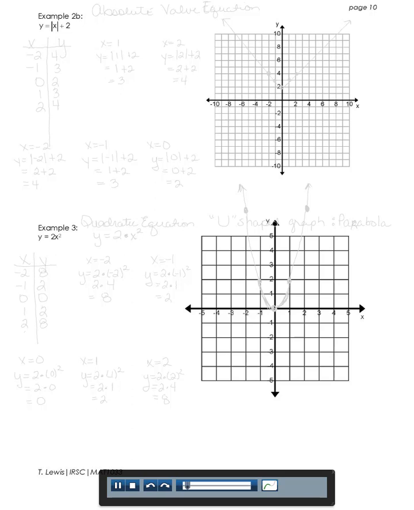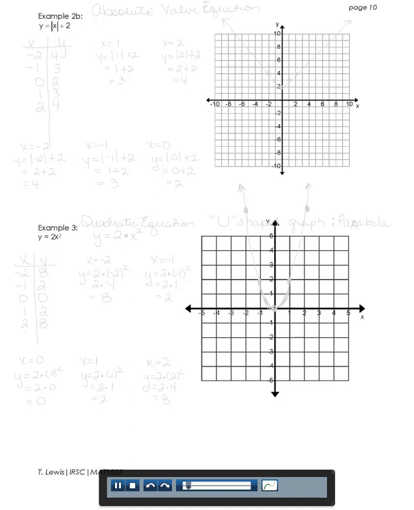With this, instead of 3 points, I'm going to choose 2 additional points because I want you to be able to see the graph completely. If we just choose 3 points, you're not going to really see what the graph looks like.